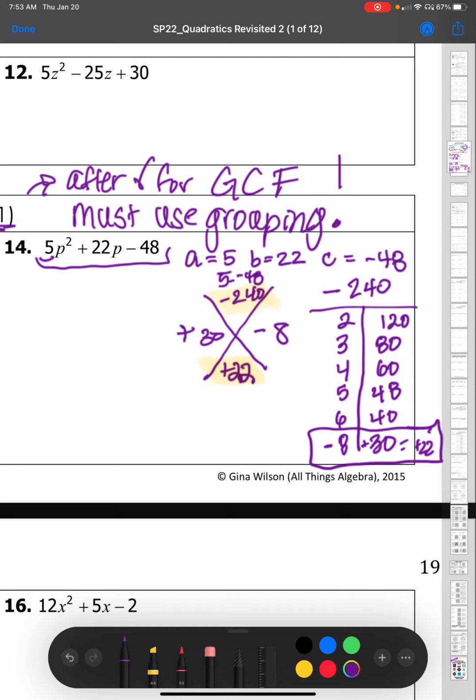The second step in grouping, after we've figured out what our factors are, is to split the middle term into its two factors. So we are going to have 5p squared plus 30p minus 8p minus 48.